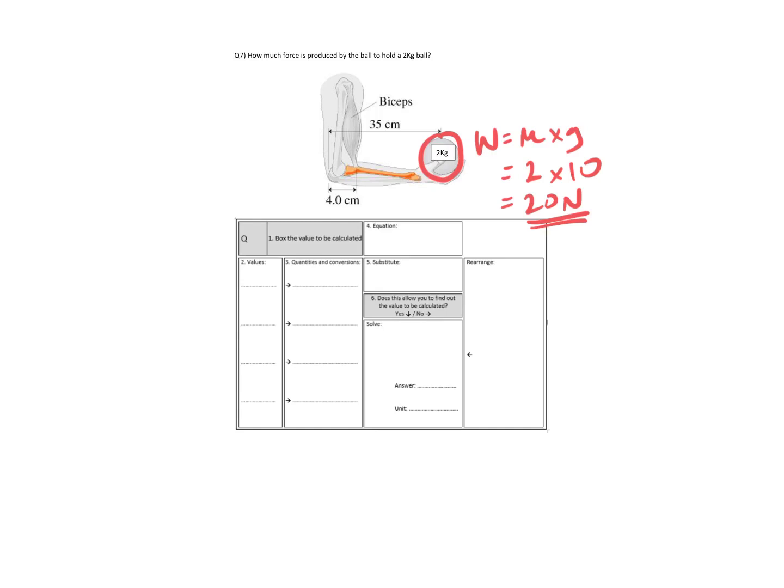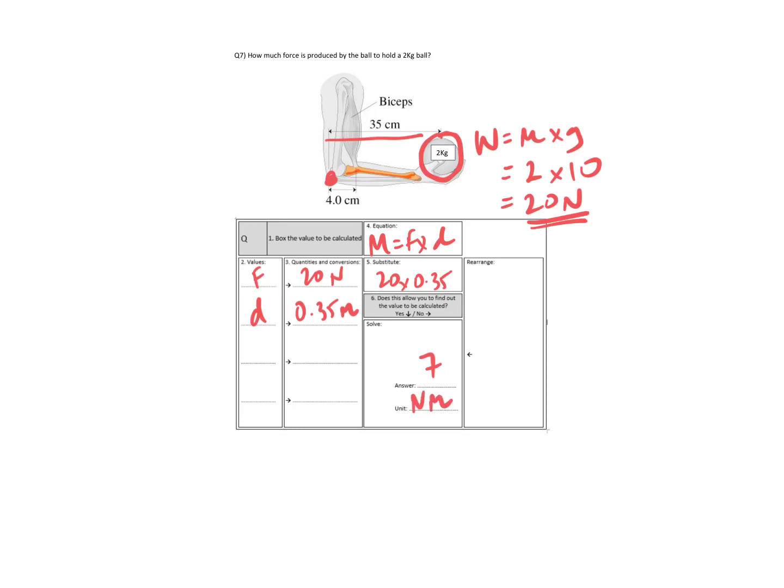So we know that the force is 20 newtons. The distance away from the pivot, the elbow joint, is 0.35 metres, because that's 35 centimetres converted into metres. So, like before, force times perpendicular distance, the force is 20, and then multiply that by 0.35, and that gives us a moment of 7 Newton metres.